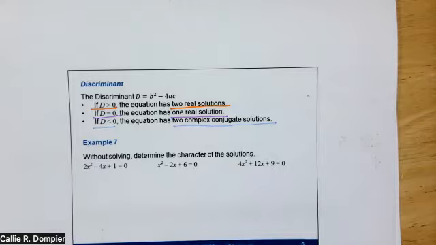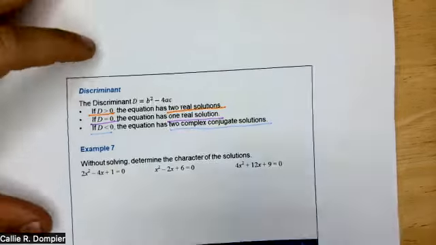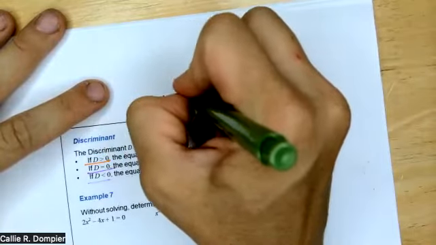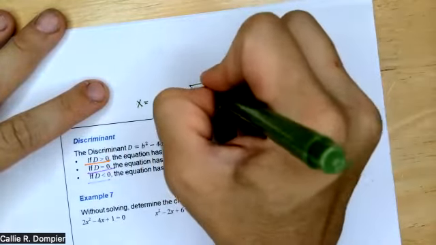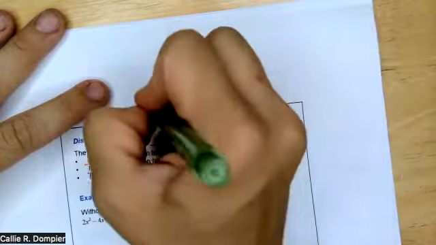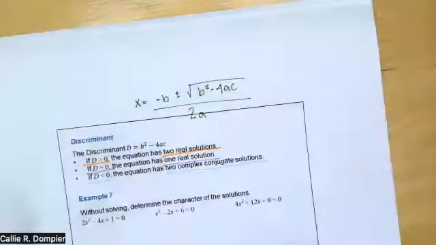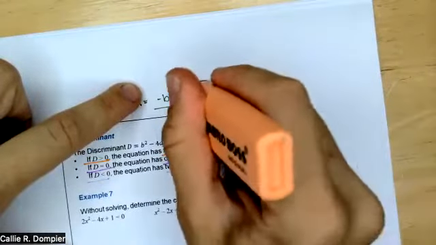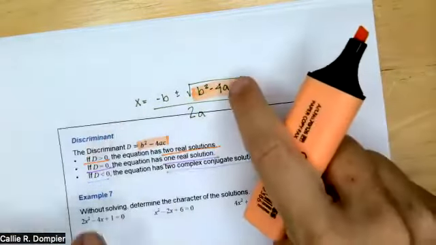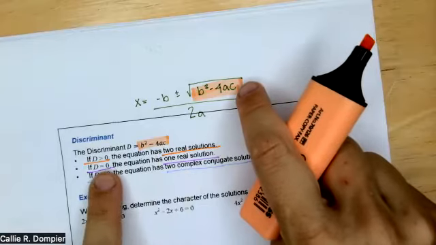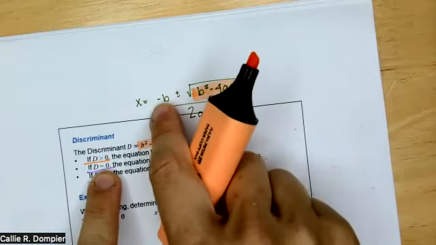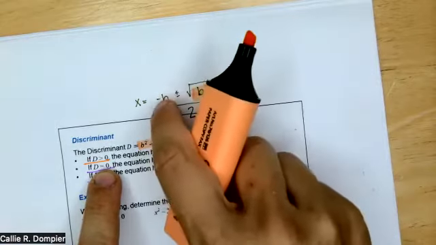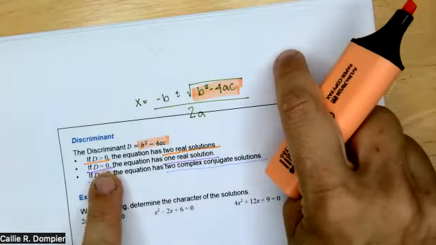All right, so the discriminant is just the part of the quadratic formula, the discriminant is just this, right? And so if this number is positive, you'll get two solutions because you're going to take negative b and add that, get one of your answers. Take negative b and subtract that, get your other answer.